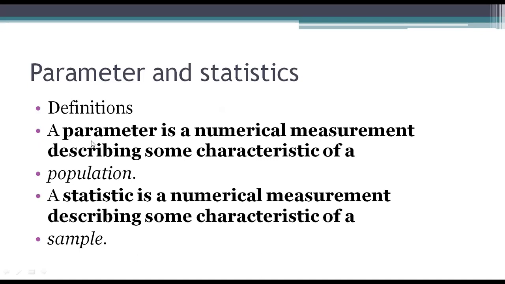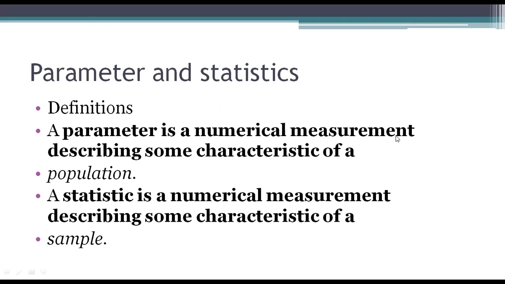So next we learn about basic definitions, on which all other statistics depend. So first of all, learn it carefully. For example, parameter and statistic. What is a parameter? See the definition of a parameter.